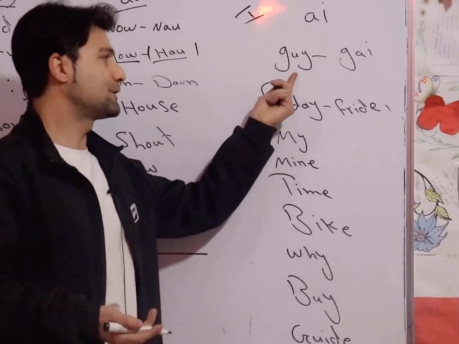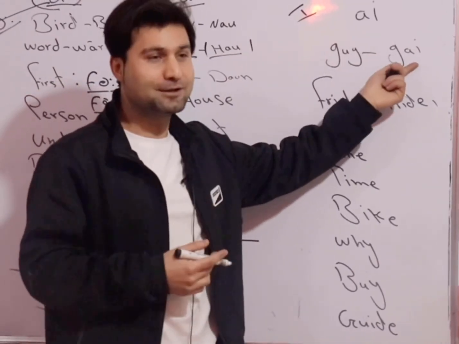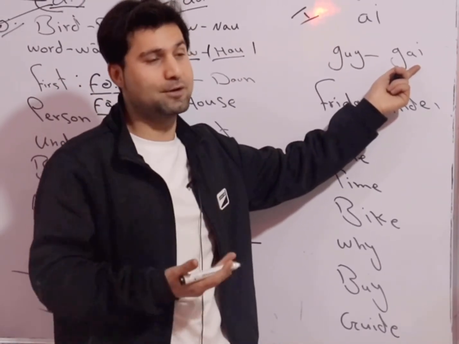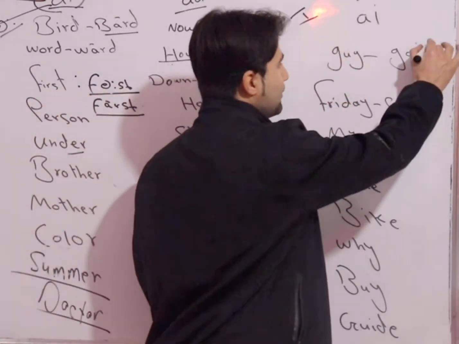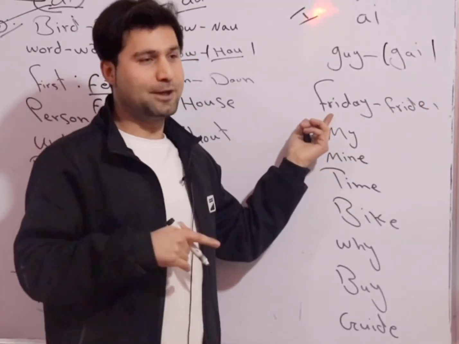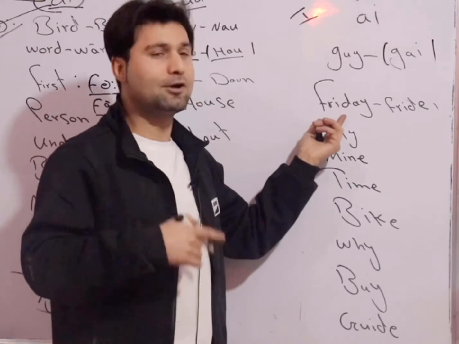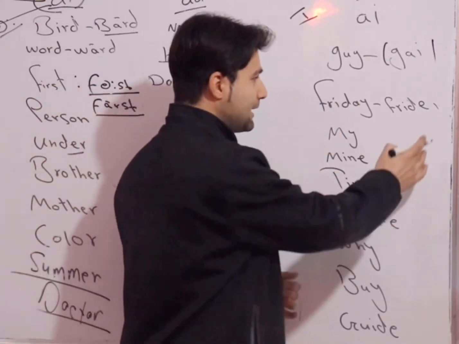Okay, how? In words, for example, you say G-U-Y. So we pronounce it what? Guy. Why do we pronounce it guy? Because in parentheses, you will find this one. Okay, guy. You see? The formation of this word is Fredai. But phonetic tells us to pronounce this word like this.